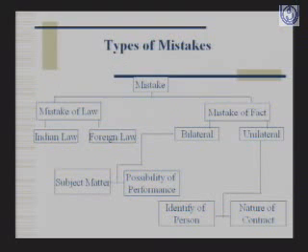Then in the unilateral mistake there are two exceptions, as we will point out later on: about the identity of a person and nature of a contract. In case of bilateral mistake, the mistake of fact may arise in two circumstances: either it may relate to subject matter or possibility of performance.